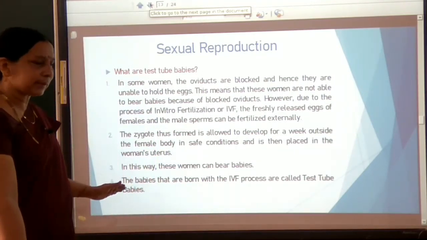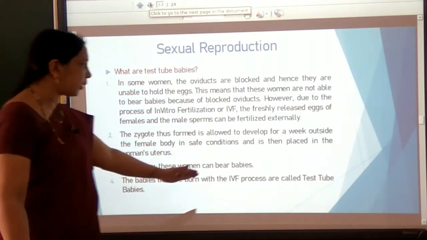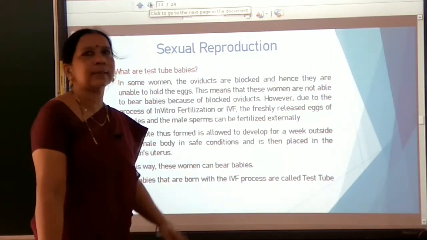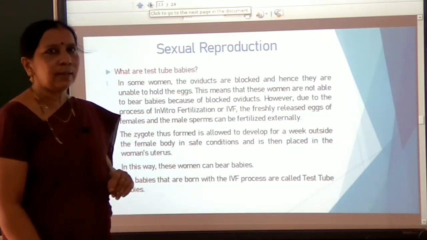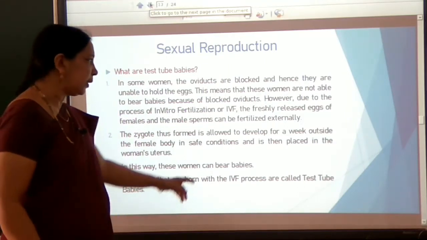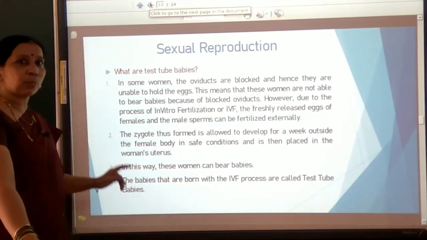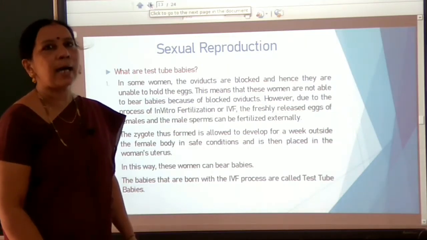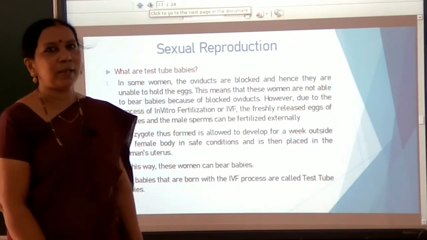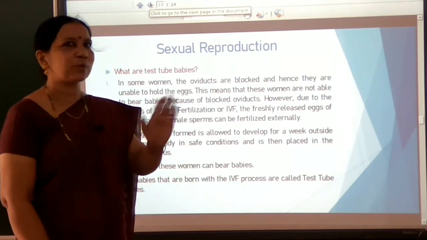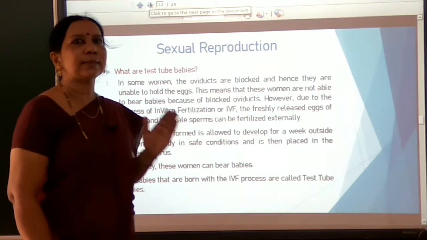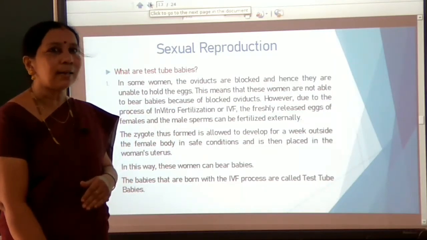The babies that are born with the IVF process are called test tube babies. It does not mean that babies are born in test tubes. Never possible. So this is how test tube babies are born.